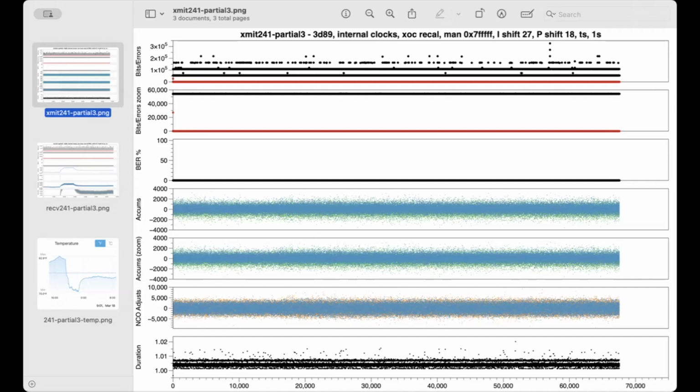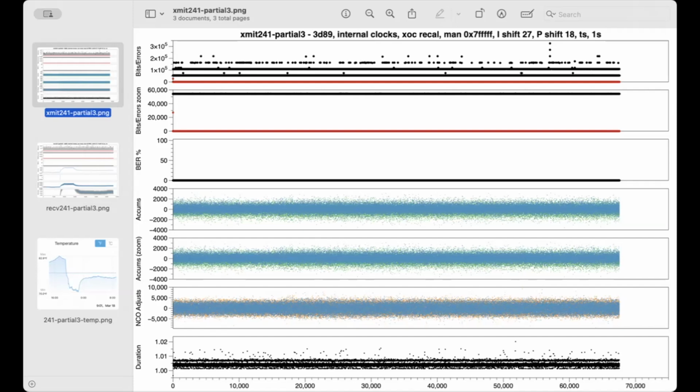That's good work. And that directly results in the NCO adjust, which is the next to the bottom graph, and that shows that the adjust actually being fed into the numerically controlled oscillator has the same behavior. It's centered around 0 and not drifting. The bottom one is just a check on our ability to keep time.